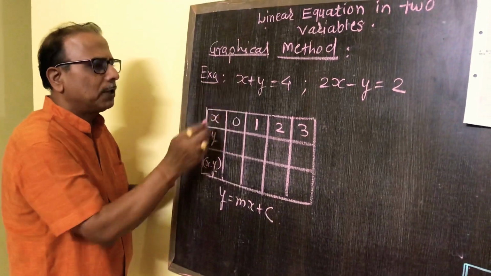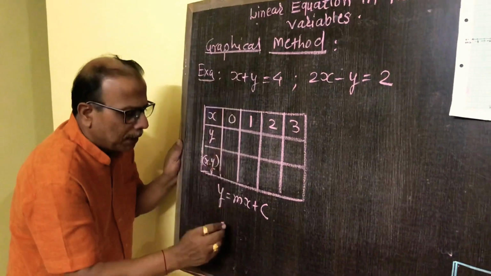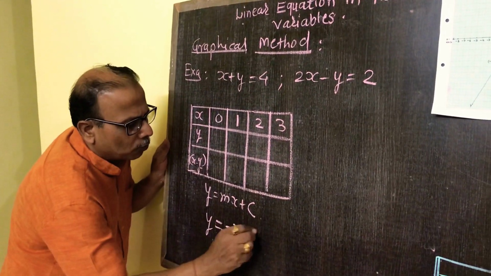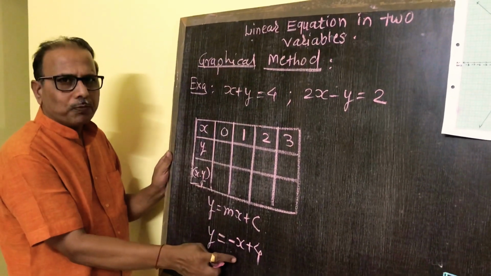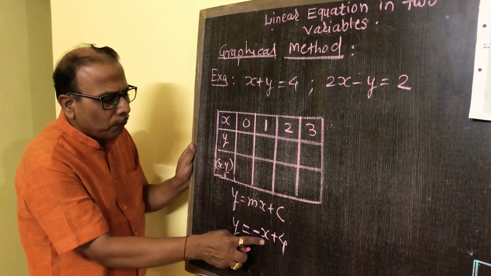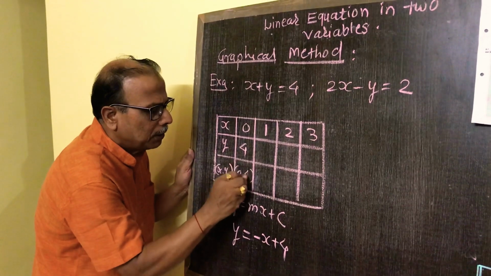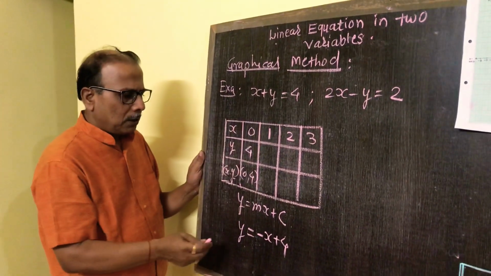That means this equation, if we convert it in this form, should be like this: y is equal to minus x plus 4. When we put x is equal to 0 in this equation, we will get the value of y as 4. So (0, 4) is the first pair of solution of this equation.